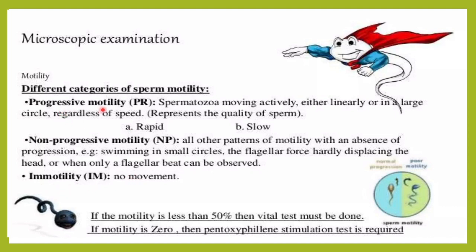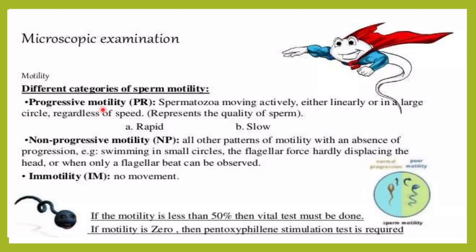Progressive motility means these sperms are moving very rapidly. They might be moving in a linear fashion or in large circles, but they are moving very rapidly, and these represent the best quality of sperms.